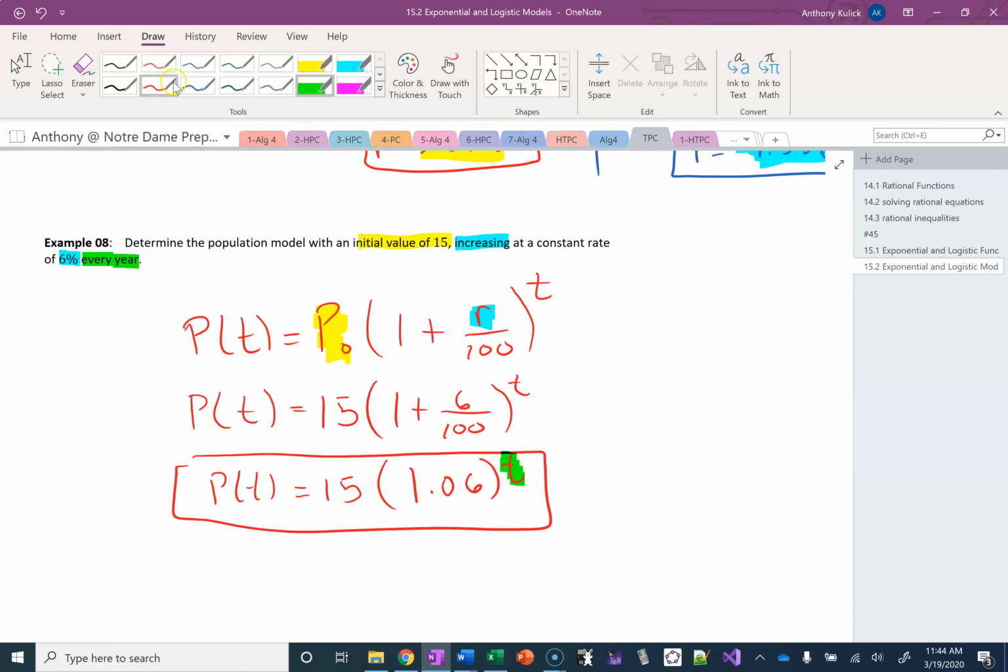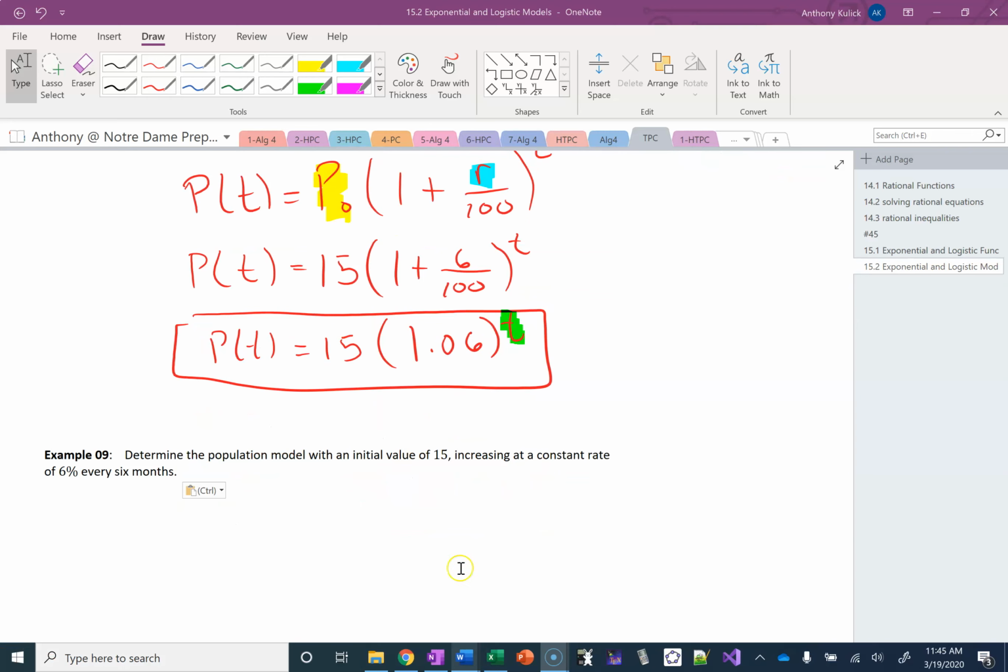So how would we change this if, instead of happening every year, it was happening every 6 months? So let's look at the exact same problem, except importantly, instead of this happening every year, we have this change happening every 6 months.